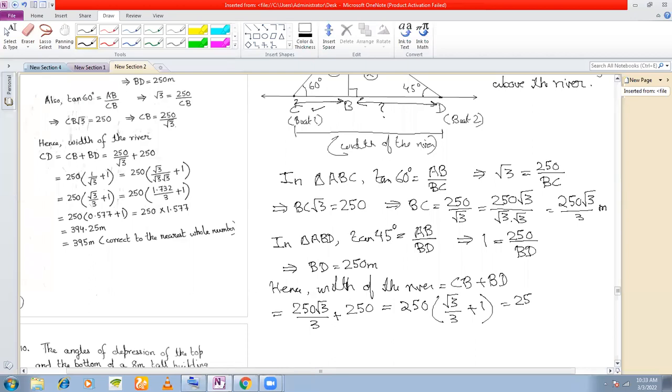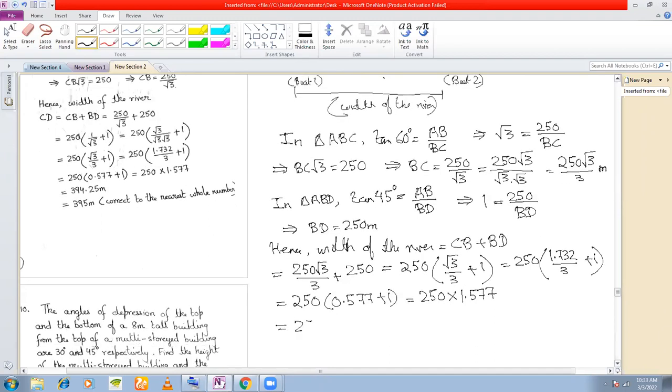So you get 250 into √3 is 1.732 divided by 3, plus 1. So you get 250 into 0.577 plus 1. So you get 250 into 1.577, right?